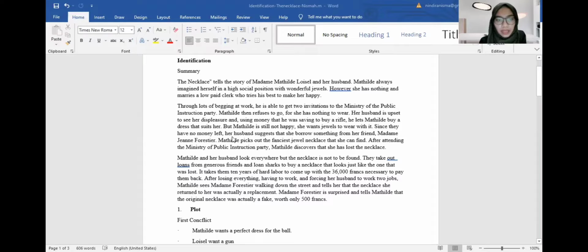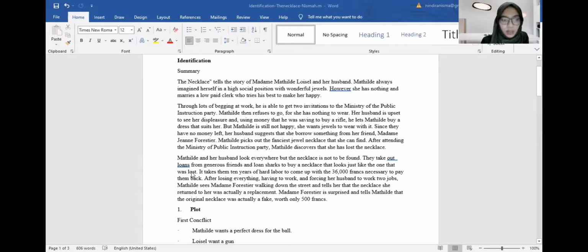Since they have no money left, her husband suggests that she borrows something from her friend, Madame Forrester. Mathilde picks out the fanciest jewel necklace that she can find. After attending the Ministry of Public Instruction party, Mathilde discovers that she has lost the necklace. Mathilde and her husband look everywhere, but the necklace is not to be found.